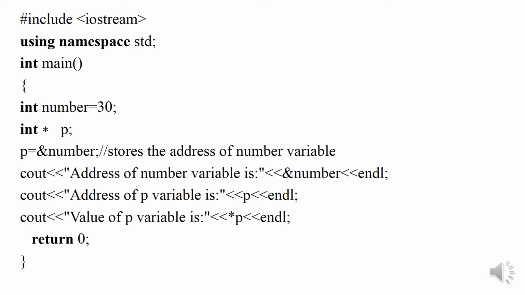In the second statement, in cout, we print the message address of p variable is. So here we print the address of the p variable. And the last one is where we use *p, meaning we store the actual value of the memory.